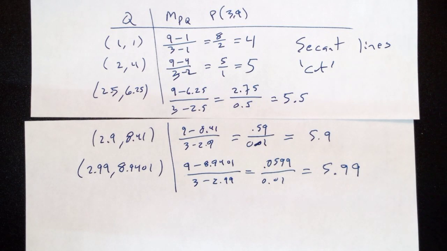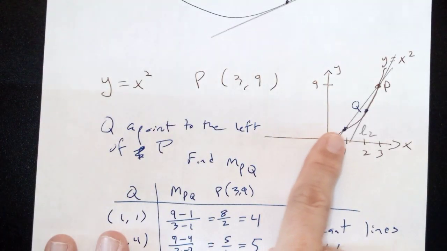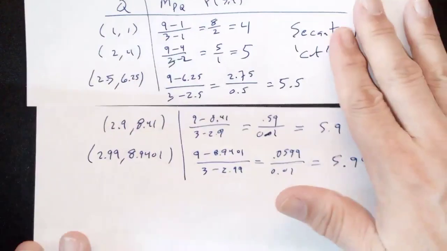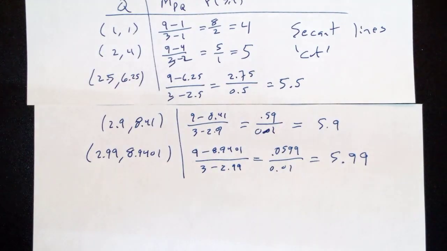We've only looked at one side of this game. We only looked at what happened as Q came in on this side. What happens if I pick x values for Q that are bigger than 3? Maybe I'll get something different. Maybe I'll get the same thing. I don't know. We should check.